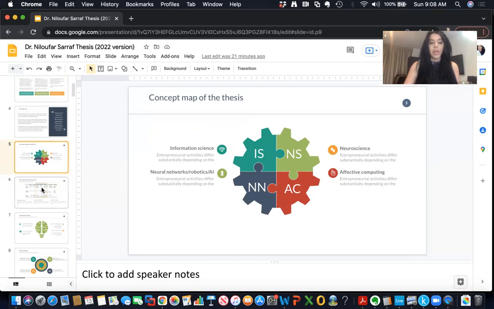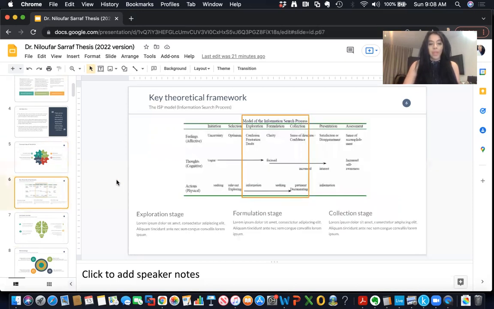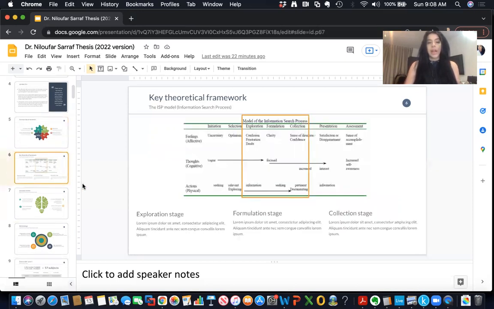And before we start actually looking at it, I wanted to also introduce you to the information search process model. This is one of the key theoretical frameworks that I established my thesis in. And you may ask why, and here's why. Essentially, when you do your thesis, you can't just write a research proposal and say, hey, I just want to look and see what happens in people's brains when they look for information.